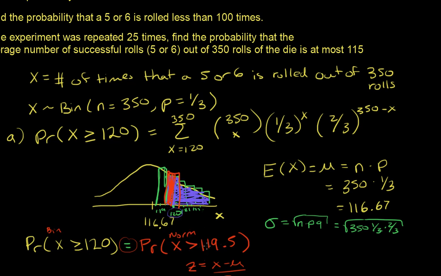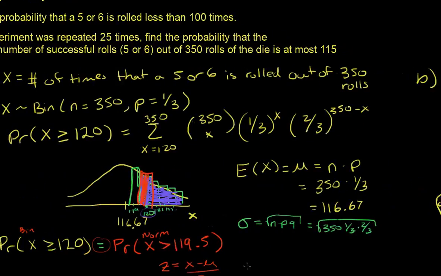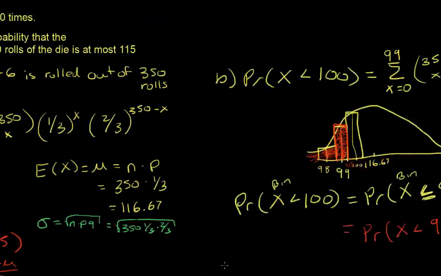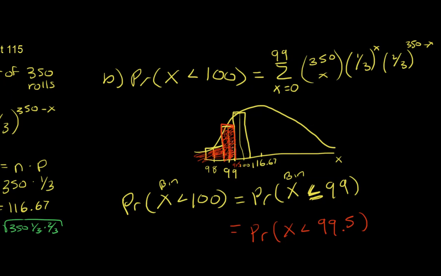So there you went back half, to 119.5, but in this problem, you go forward half. So it's really helpful to draw these out and then determine if you need to go up a little bit or back a little bit as part of your continuity correction. Then from here, you can go ahead and solve this.